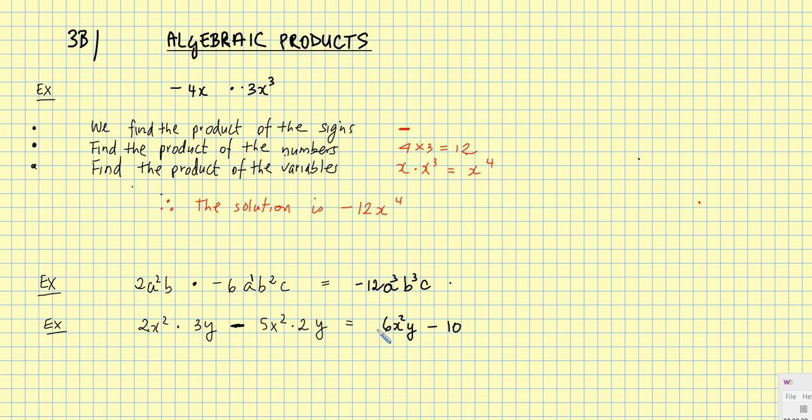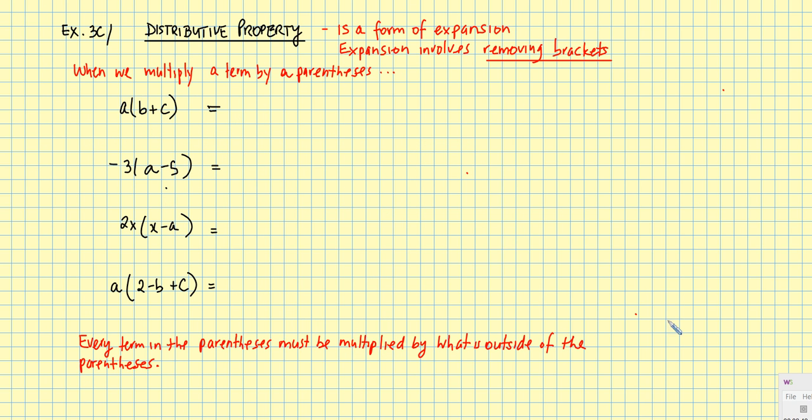And then x squared times y gives me x squared y. Now, because we have the same terms, we're collecting like terms, x squared y and x squared y, we're going to end up having negative 4x squared y.